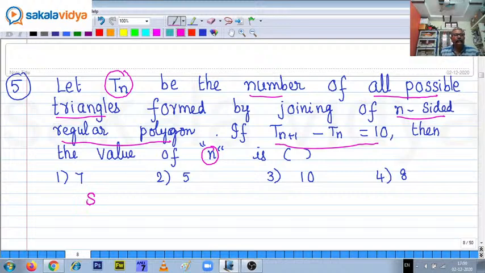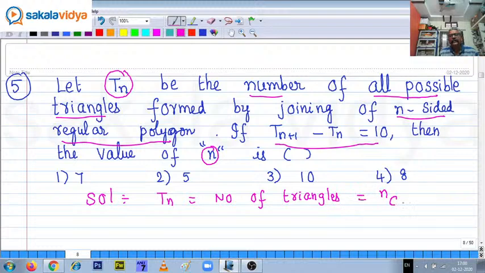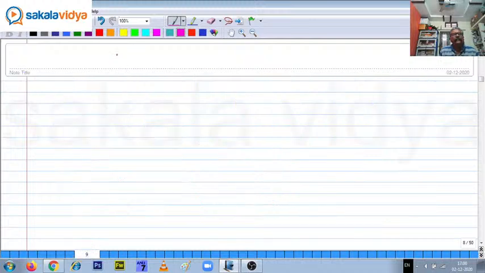So Tn equals the number of triangles, which is nC3. Tn plus 1 is n plus 1 C3. What is given? n plus 1 C3 minus nC3 equals 10. We need to solve this equation.